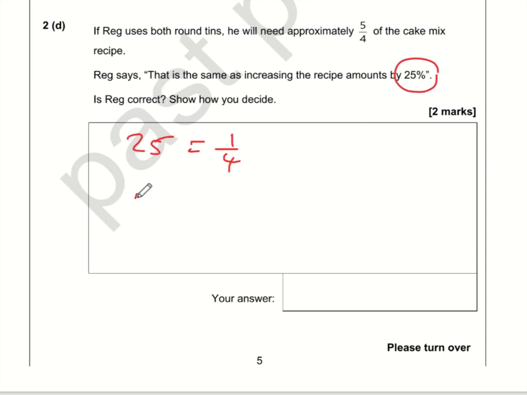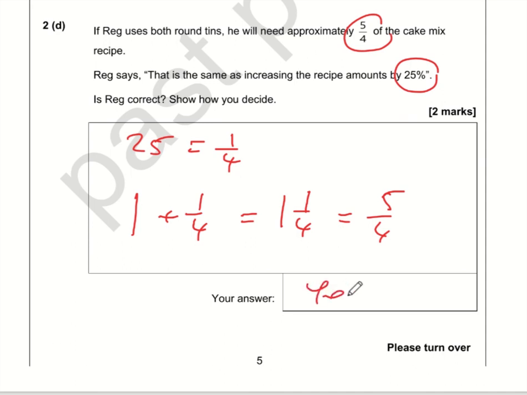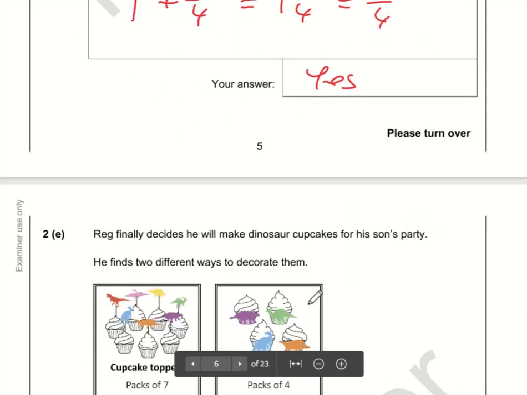So he will need the full amount, which we'll call the 1, plus 1/4, and 1 plus 1/4 is 1 1/4. And 1 1/4, if we turn that into a top-heavy fraction, is 1 times 4 plus 1, which is 5. So 5/4 is what Reg said. So is Reg correct? Yes, he is.